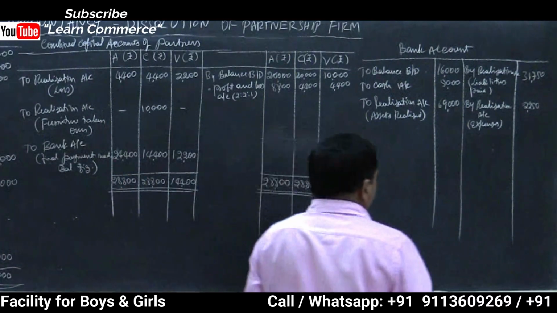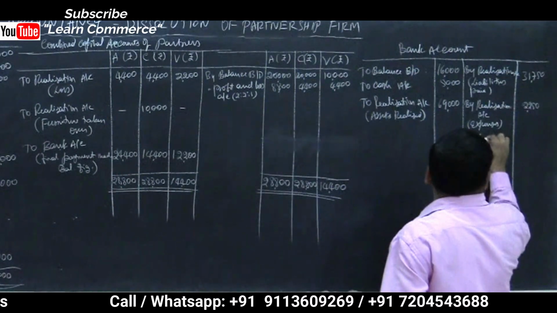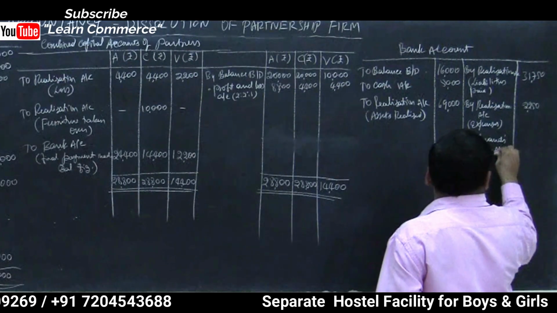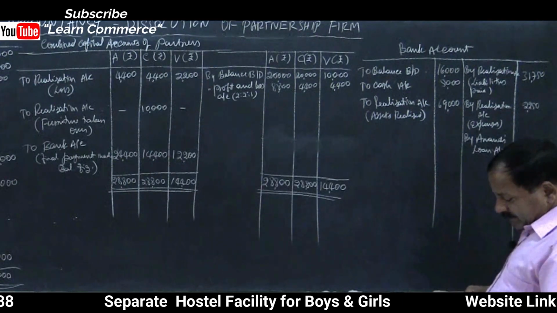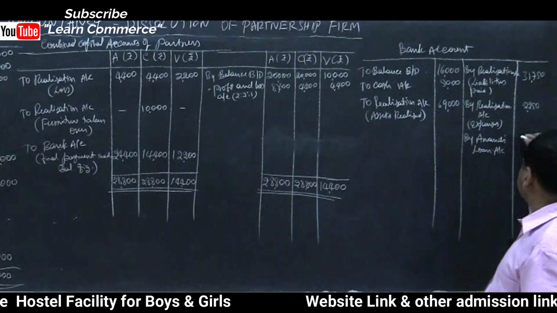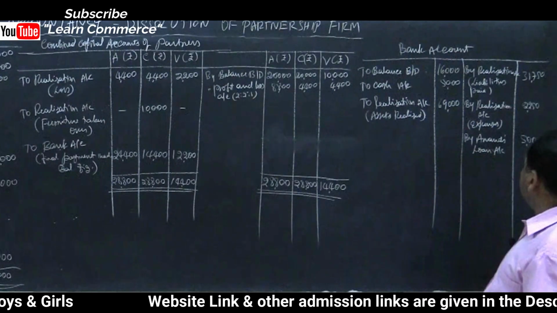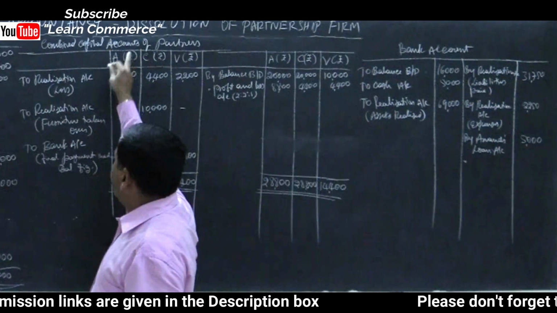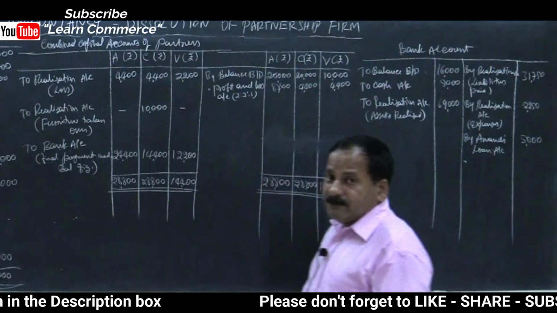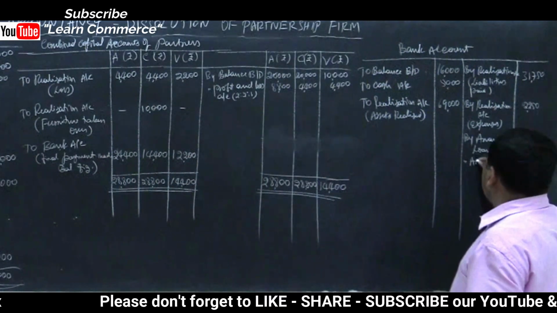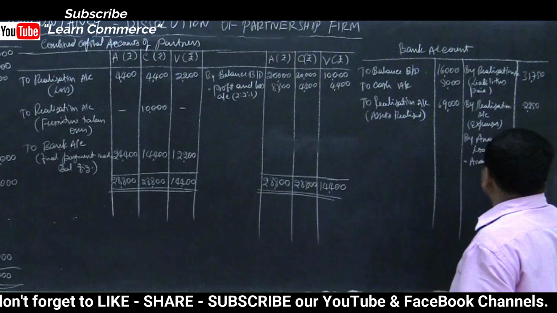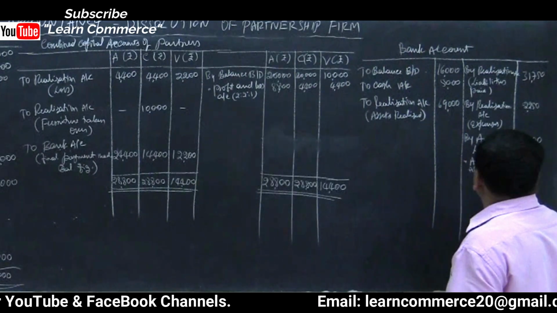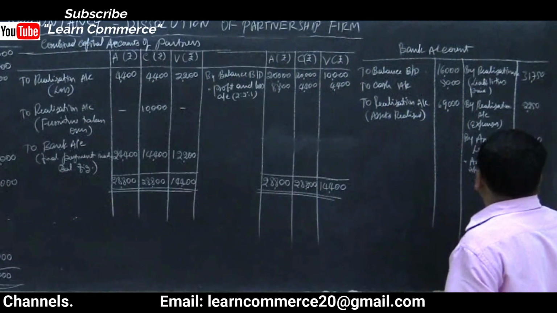Clear? Yes, sir. By Anand's loan account. How much? Anand's loan account 5,000. Is it correct? Make payment. Then make their final balance of capitals. Here, capital account debit to bank account. So, bank account is credited by Anand's capital account, final payment.